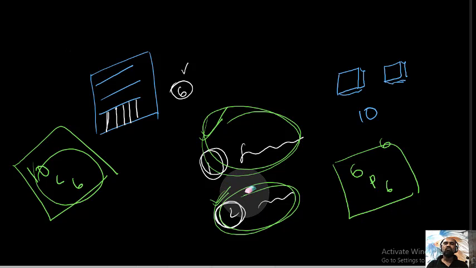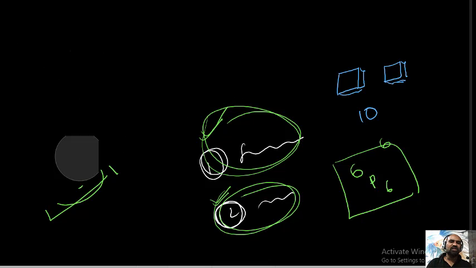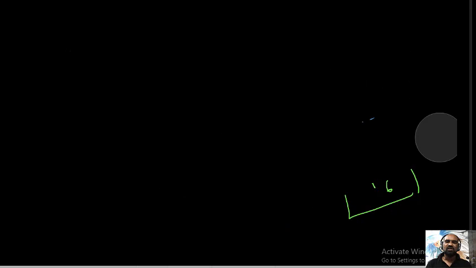Permutation says how many ways you can arrange the things. Combination says how many ways you can select the things, how many ways you can group the things. I hope you people understood the meaning of permutation and combination.